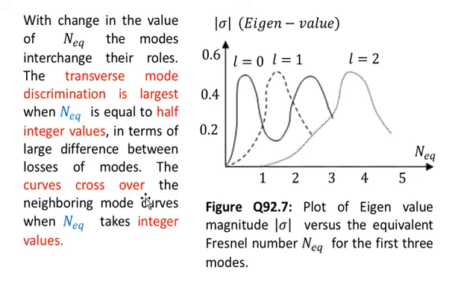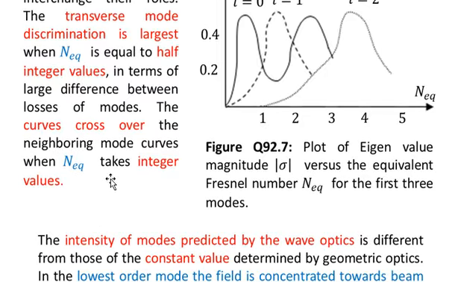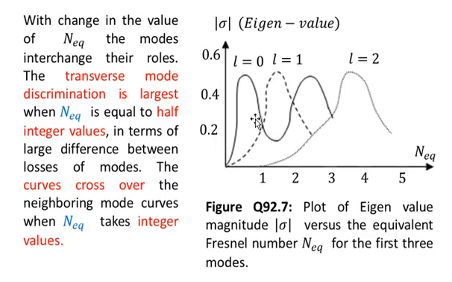The curves cross over the neighboring mode curves when N equivalent takes integer values. So look at this crossover over here, where the L is equal to 0 and L is equal to 1 curves are crossing each other. This is the crossover, and it occurs for integer values of N equivalent.